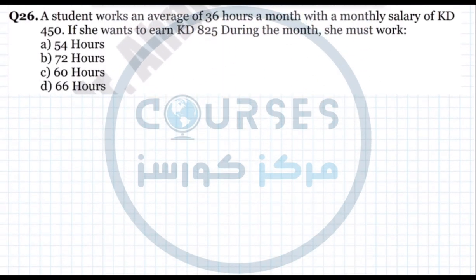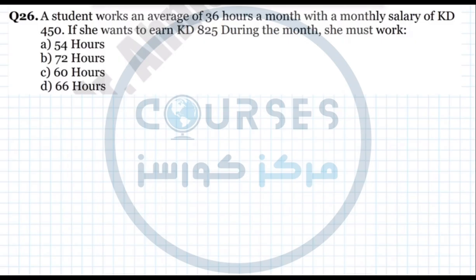A student works an average of 36 hours a month with a monthly salary of 450 KD. If she wants to earn 825 KD, she must work how many hours? Okay, so we have a relationship between 2 variables. Now we need just to know if they increase together or as one increases the other decreases.